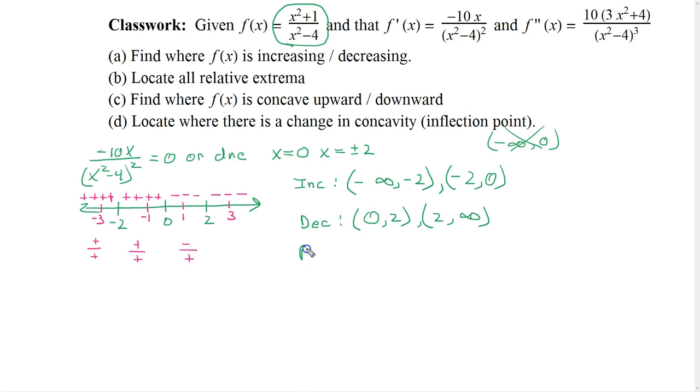So we have a relative maximum at 0, f of 0, and putting 0 in for x, we get negative 1/4, 1 divided by negative 4. So that's where we have a relative maximum.